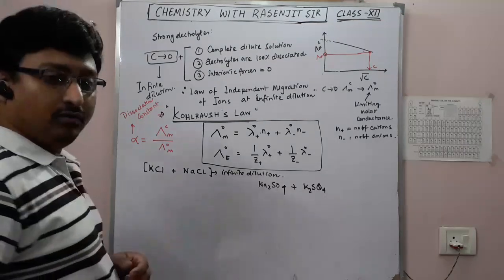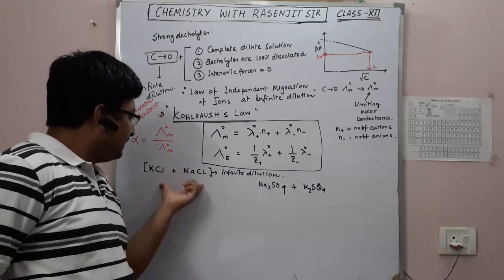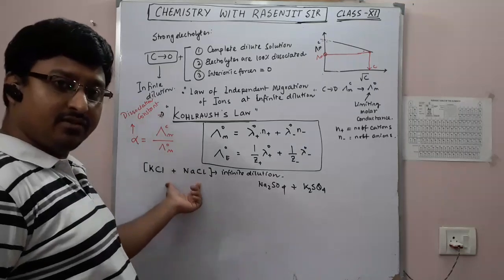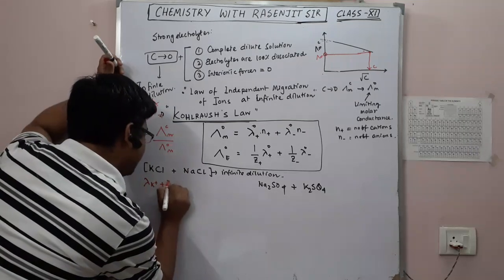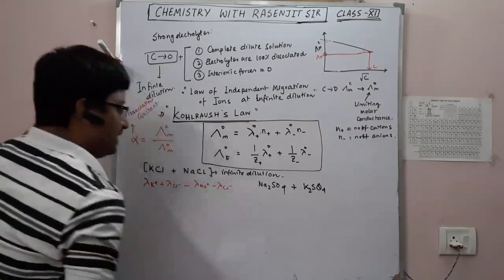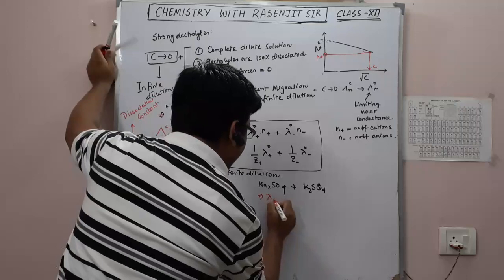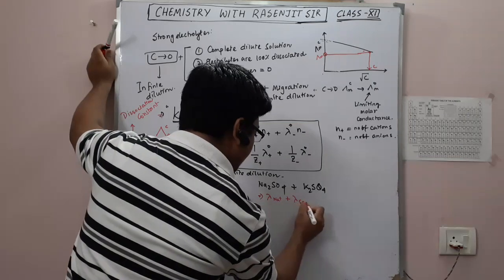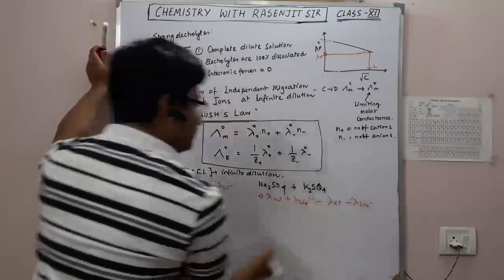Now what are the possibilities here? If I add these two solutions, or I can subtract these two solutions, from here I will get lambda K plus lambda Cl minus lambda Na minus lambda Cl, right? And in this case I will also get lambda Na plus lambda SO4 2 minus lambda K minus lambda SO4 2, right?